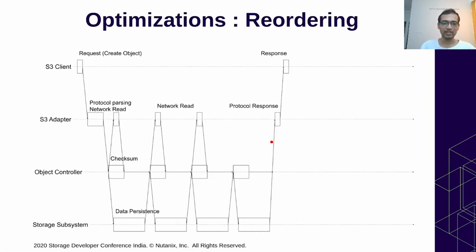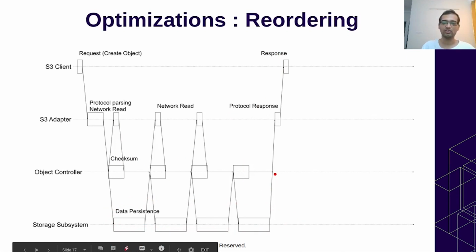So a more accurate representation of this protocol is shown here, where the network read is the smallest latency inducing factor and the data persistence is the largest latency inducing factor. And the checksum sits somewhere in between. Now with this, it's very clear that the overall latency of the response is still dominated by the slowest of the three, which is the data persistence operation.